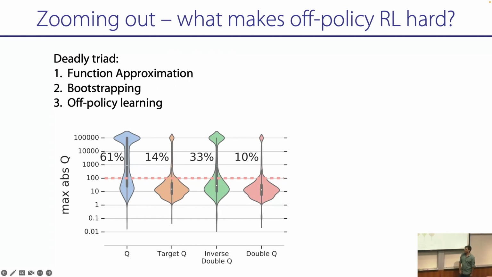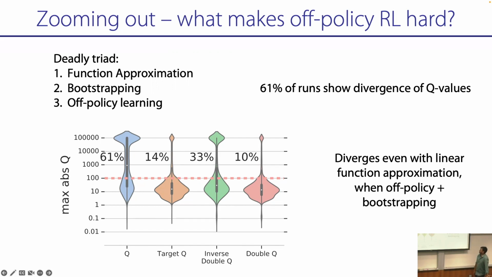Now if you add in some of the tricks, like target Q, that number goes down. You add in the overestimation fix, the number goes down. And so there's ways to get the divergence to be lower than 61%, but on a significant set of environments, it does diverge, and it's not always clear how to make it stable.